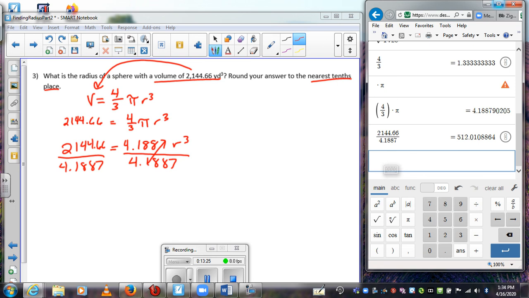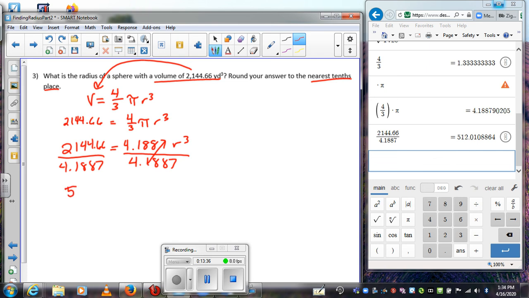Hit enter. Okay, so I'm getting 512.0108 is equal to r to the 3rd power.